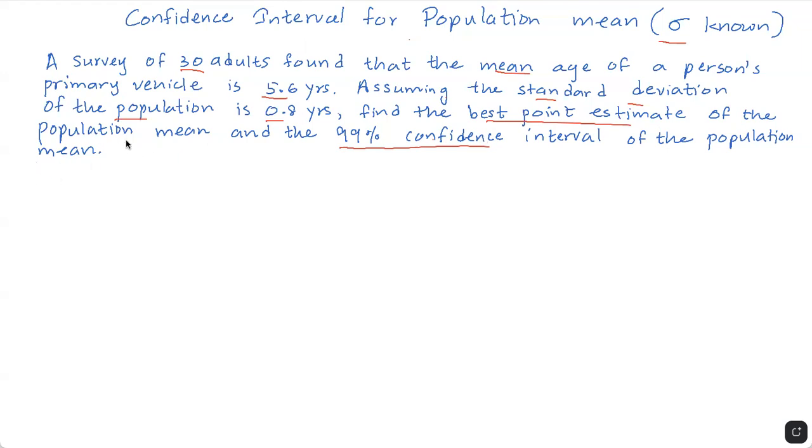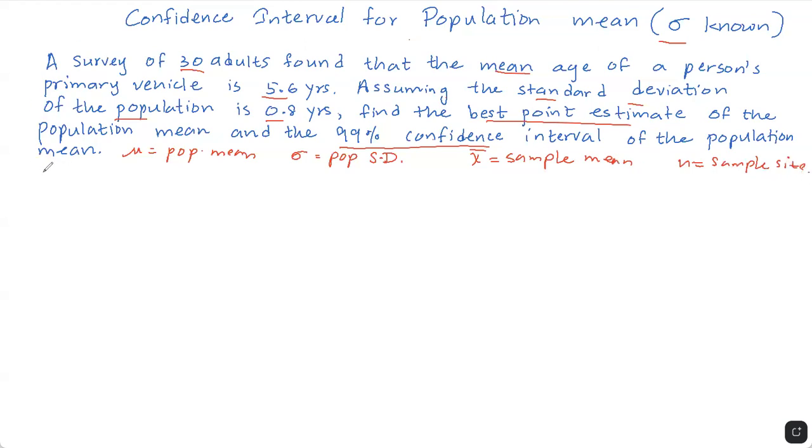So let's see what we have here. I'm going to use mu as the population mean and sigma equals population standard deviation. And x bar equals sample mean. So n equals the sample size.